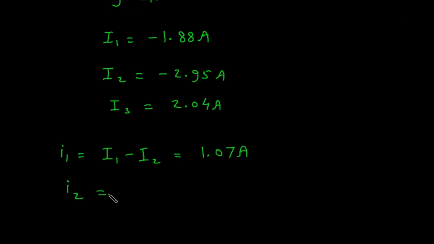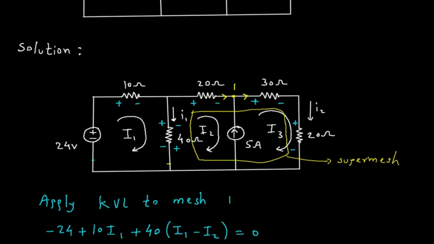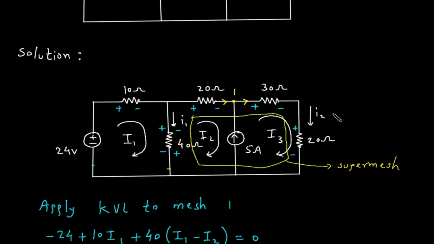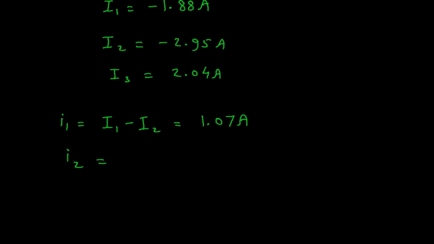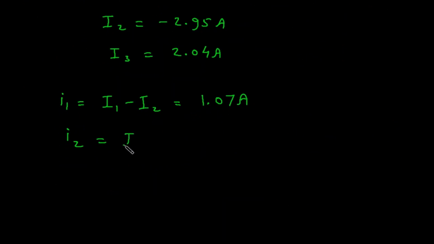And I2 is equal to I3, therefore this is equal to 2.04 ampere. So this is I1 and this is I2.